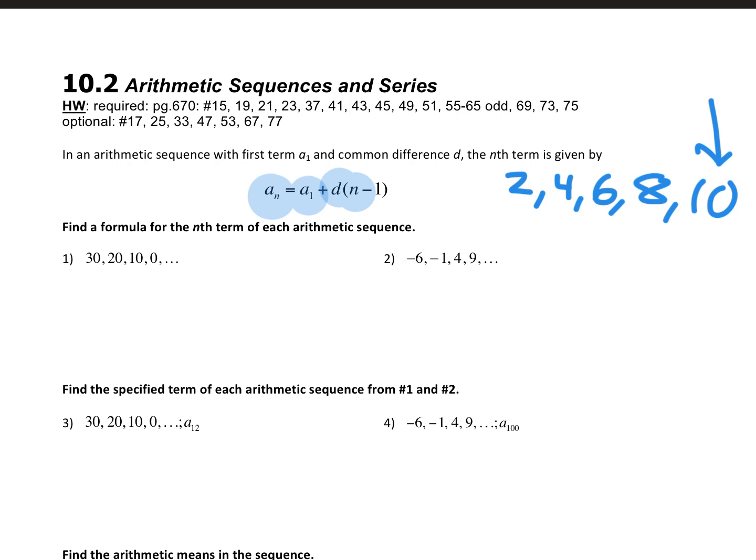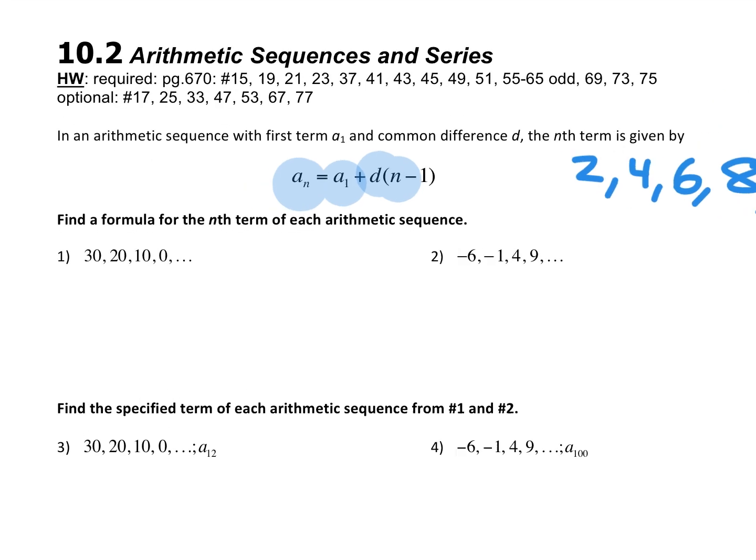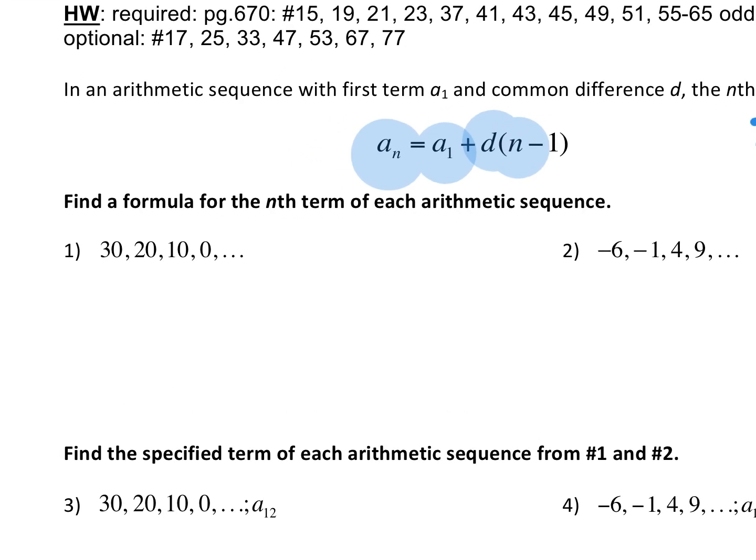All right, let's do some examples. When you are finding the formula or the equation, you want to leave an alone and leave n alone. So an and n, if possible, do not plug in for those items. A1 is the first item in the list, 30.